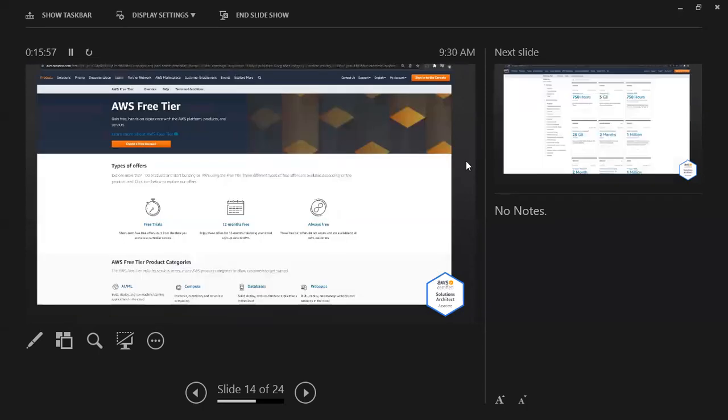AWS has done a very good thing by giving the AWS free tier. You have free trials for some services, 12 months free for other services, and always free ones. But the concept here is that anything you need for the exam in terms of labbing and checking your experience with the AWS console is under the free tier.